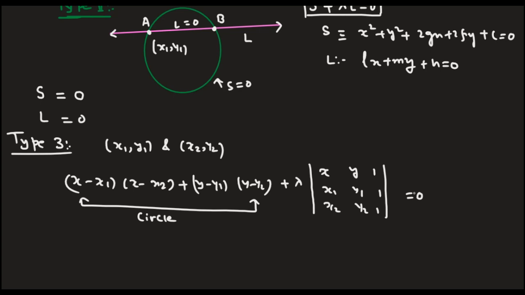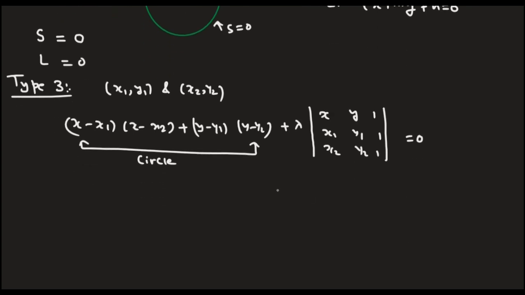Among all the family of circles, we can also find the fixed circle. The fixed circle of this family is the circle described on AB as the diameter. So from this equation you can find one fixed circle. Which one is the fixed circle? A circle whose diameter is AB, that circle will be the fixed circle.